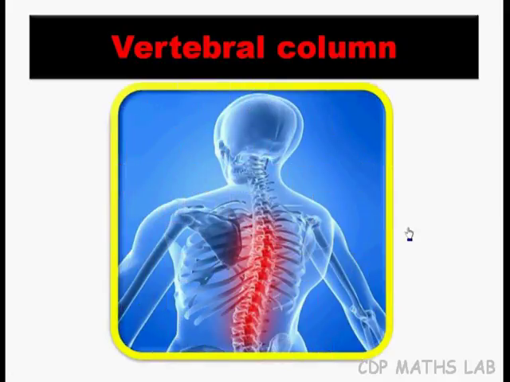Now let's look at the vertebral column. This structure right here is called the what? Vertebral column. Now, what is the vertebral column protecting? Well, the vertebral column is in fact protecting the spinal cord. And the spinal cord runs straight from the brain, all the way down. And the spinal cord is responsible for a lot of things which you will be taught about in the next lesson, right after this.